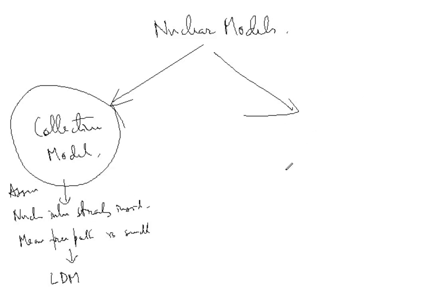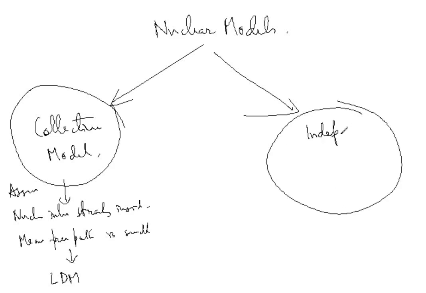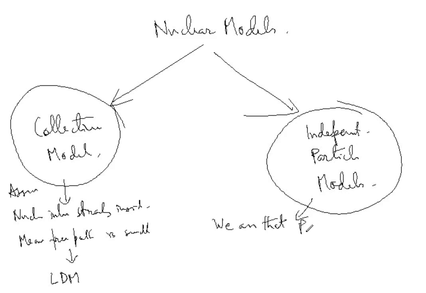What's the other class? You must have guessed, right? The other class belongs to independent particle models. Here we assume Pauli's principle. Why Pauli's principle? Come on, we are talking about protons and neutrons, right? They are fermions, so of course they will follow Pauli's principle.